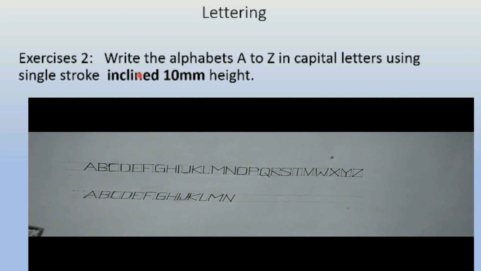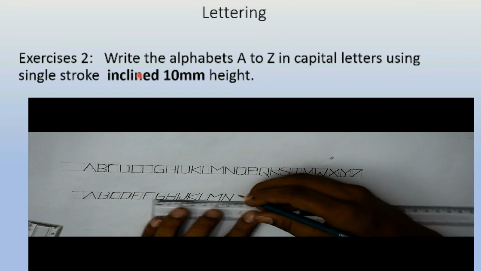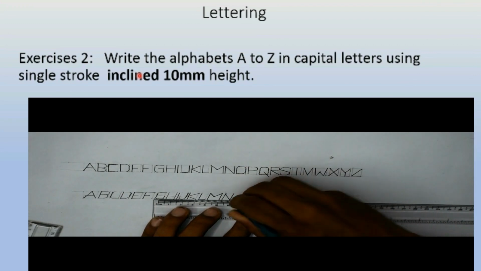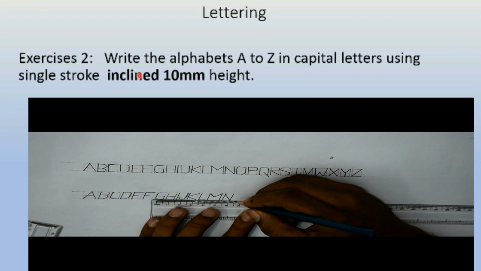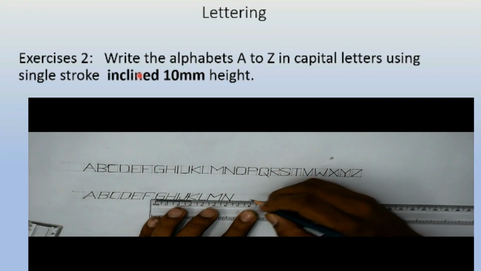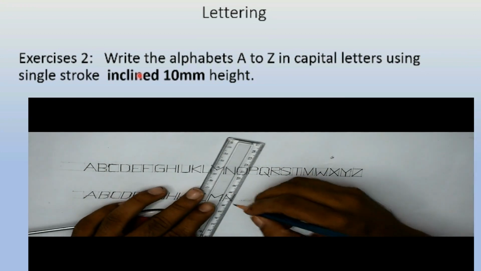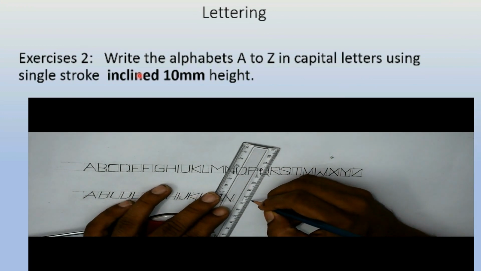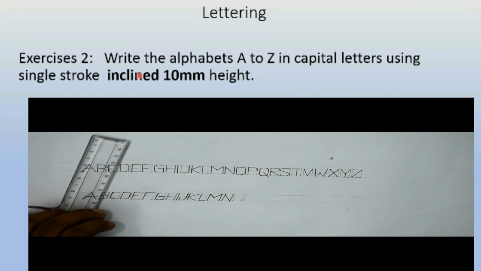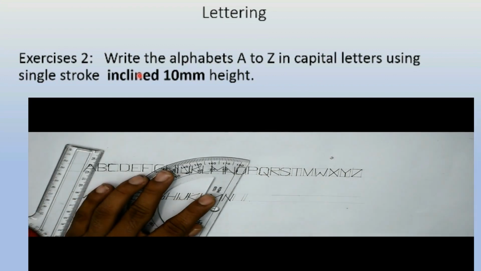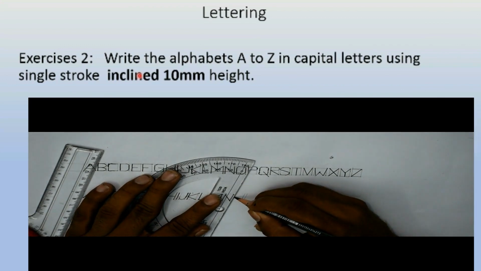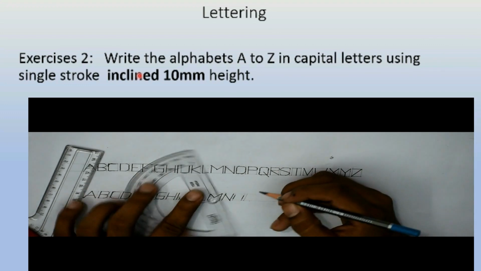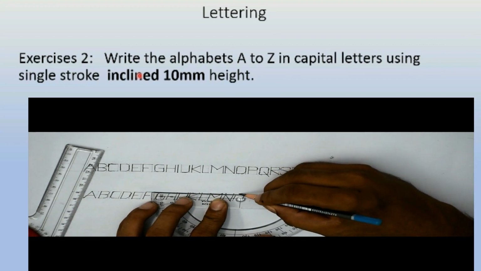Again 2 mm gap. Afterwards. So this is the letter O. For the letter O, as I have said, first we need to draw straight lines on this, and afterwards you can join them by curves smoothly.